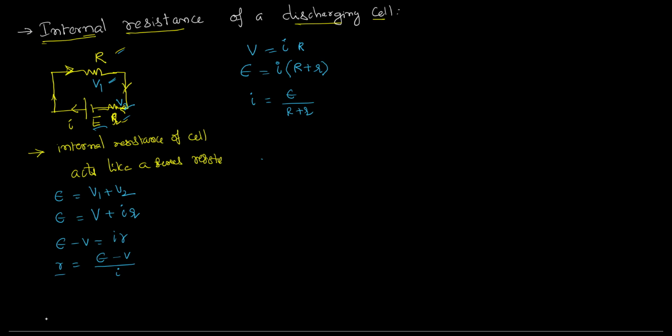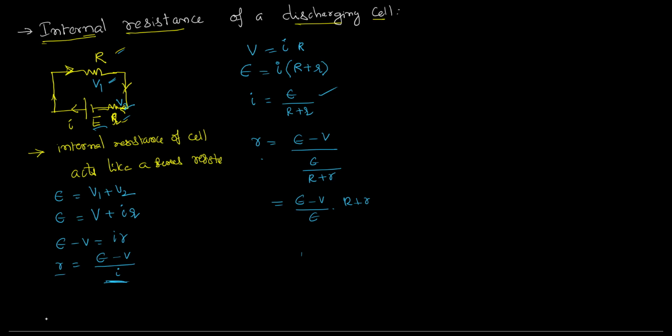So the value of that internal resistance could be, I'll just use this formula, E minus V by I. What's the value of that I we have calculated just now? E by capital R plus small r. So if you rearrange the terms, it is E minus V by E, times R plus r. So I have to simplify this further.